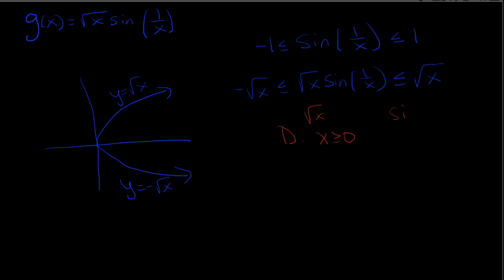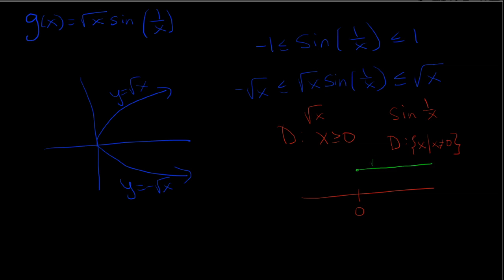And if I look at sine 1 over x, the domain is anything except 0. So it's all x such that x is not equal to 0. So if I combine these two, one way I can do that is by looking at a number line. Square root of x, I'm going to do in green, is everything greater than or equal to 0.